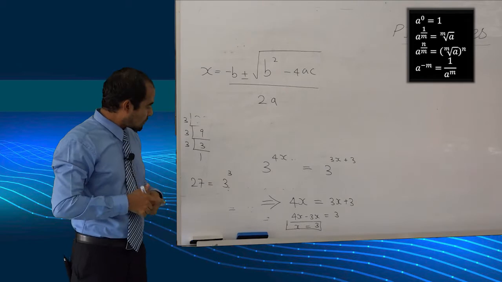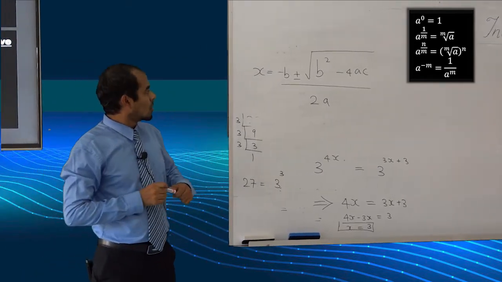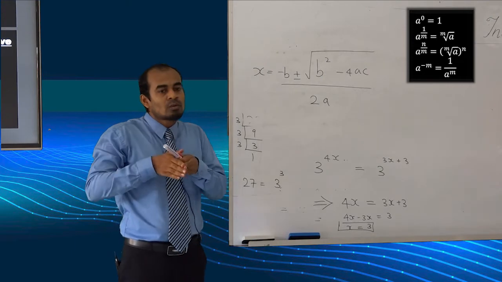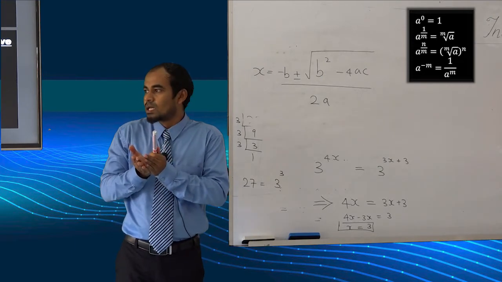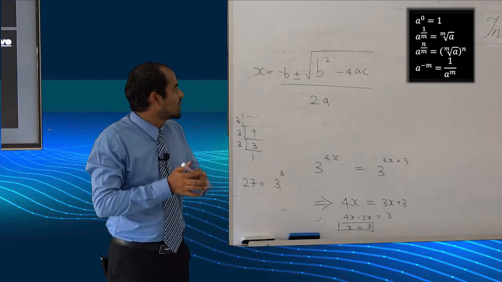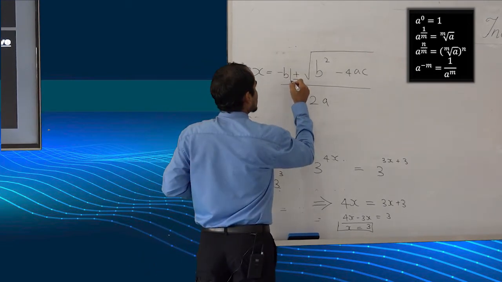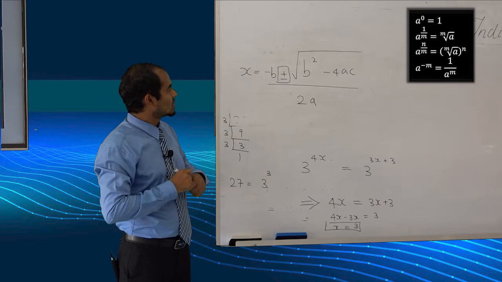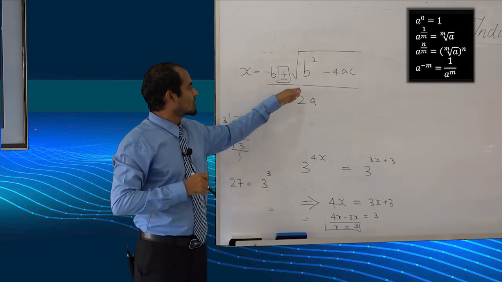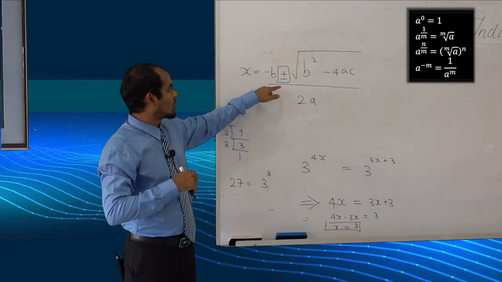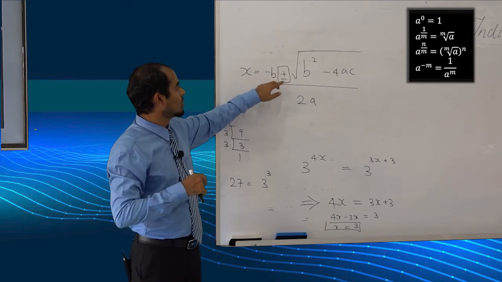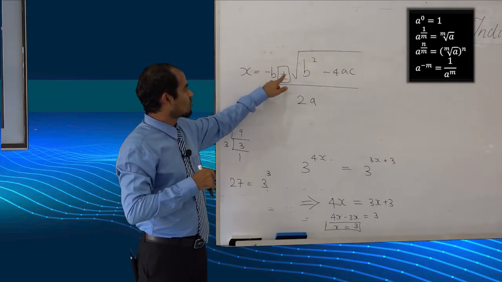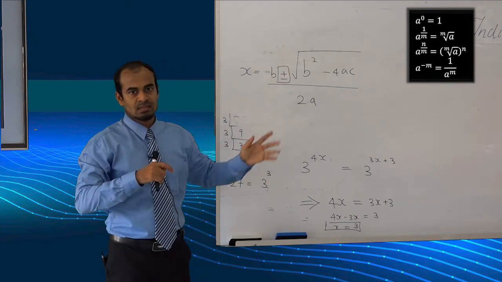Now, what I want to tell you is that the square root of a number is not plus or minus. The plus or minus will be simply there in front of the square root. Otherwise, there's no use of this quadratic formula if you simply say plus or minus.